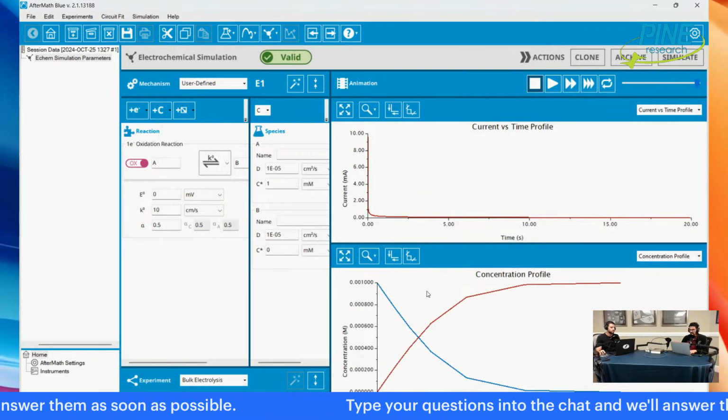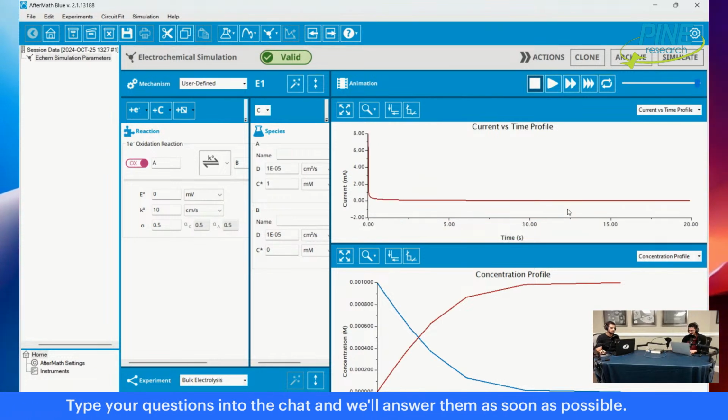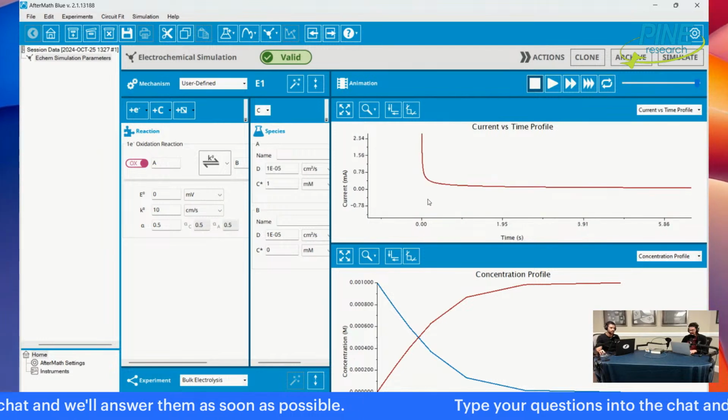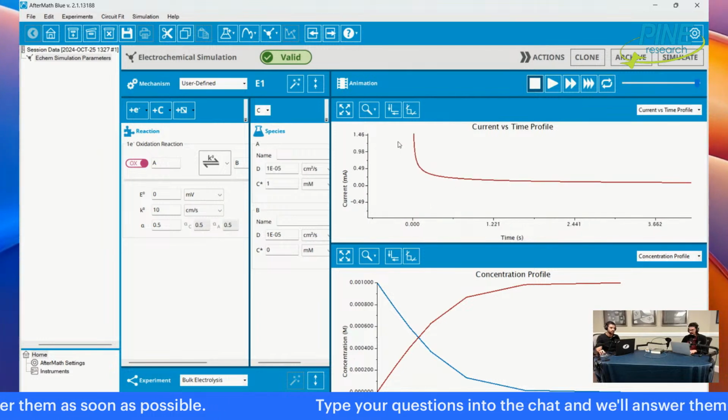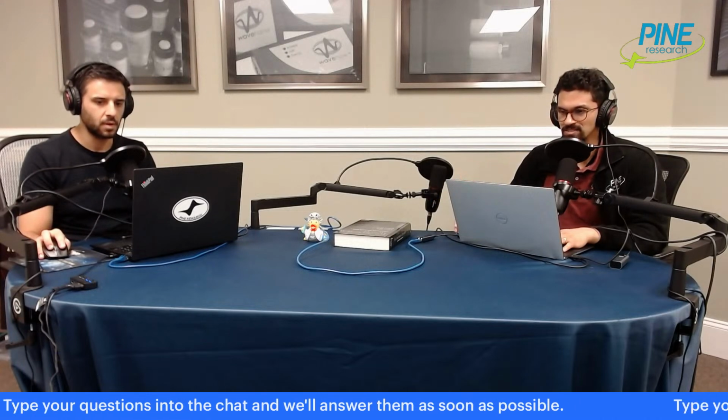And that describes why our current really decays quite rapidly on the time axis. But that's why we get a decay. So hopefully I answered that question via text to the person writing it. But if they are interested in actually learning a little bit more about why the current decays while oxidation occurs, hopefully that's helpful.